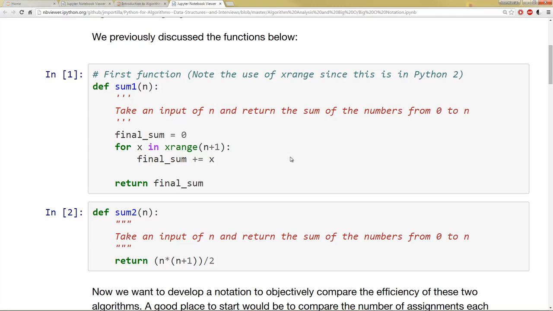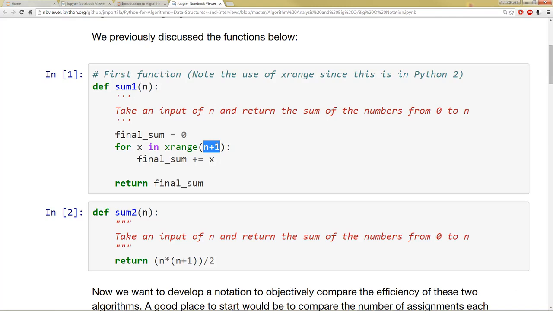So don't worry about that detail, we're really just discussing Big O notation here. This original function will assign that final underscore sum variable, this one right here, n plus 1 times. So here is the 0, and then it assigns it n plus 1 times.